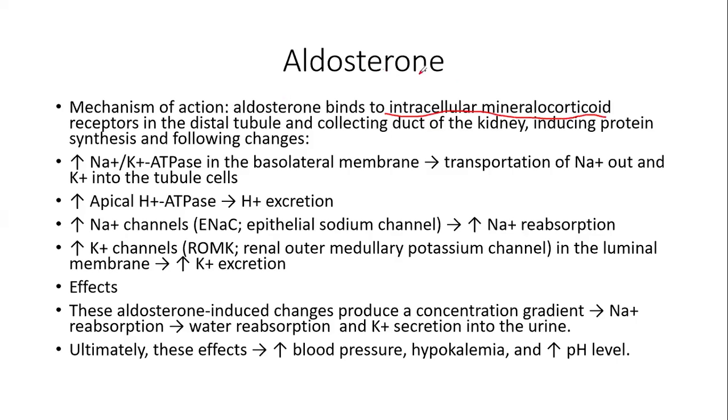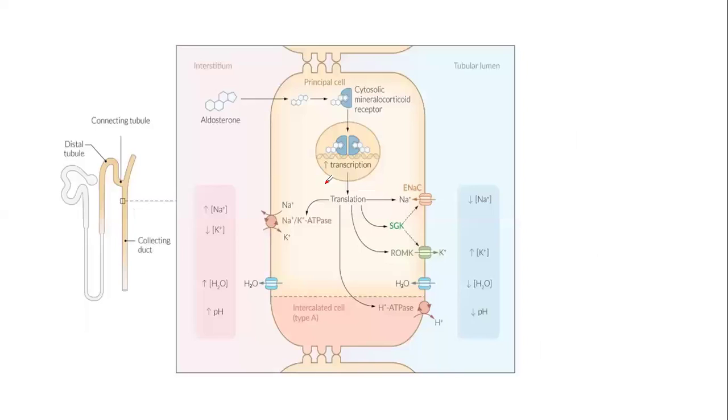Now, if you recall correctly, intracellular receptors could be in cytosol or it can be inside the nucleus, but for mineralocorticoid, the receptors are located in the cytosol. The complex will form and it will go inside the nucleus and exerts its transcription factor effect. Now, look at this diagram.